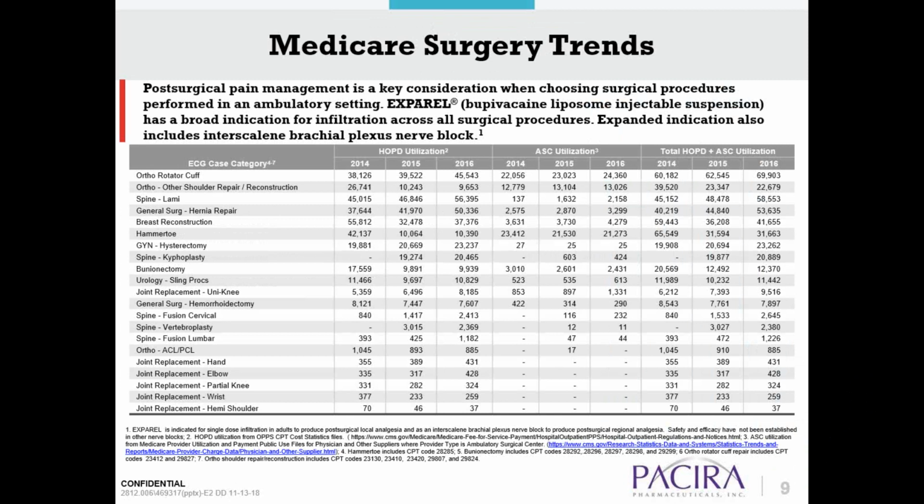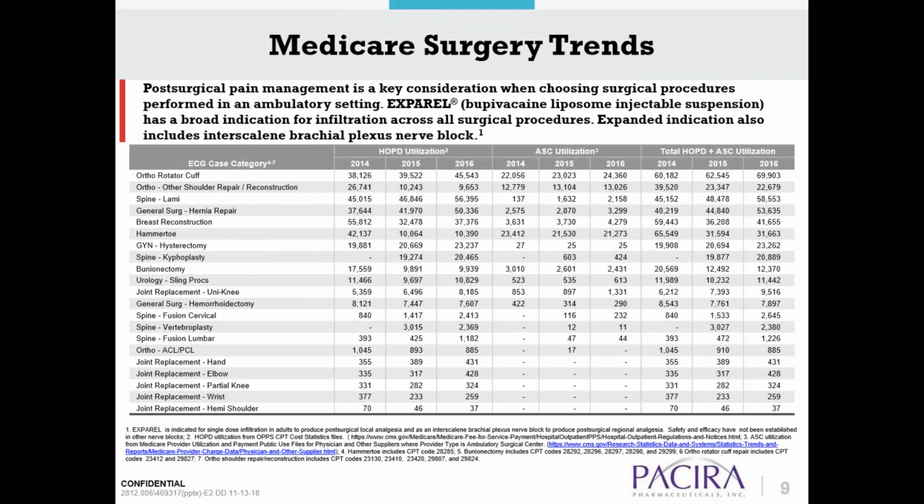In the chart on the screen, you will see three different things. This is an evaluation of hospital outpatient department Medicare utilization of some key surgical procedures, not all, but some key surgical procedures, and ASC utilization from 2014, 15, and 16, and then the total combined, and this is Medicare only.